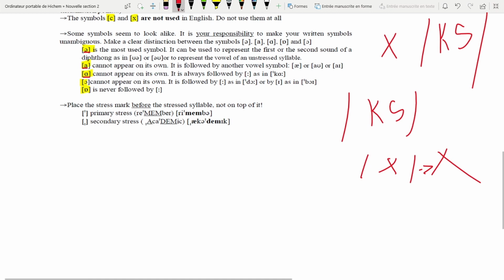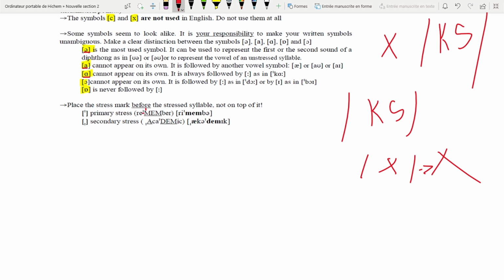Then to conclude, something that I wanted to add here, although it's not really related to transcription of the sounds, but rather of the stressed syllable. Just in case you're dealing with this right now, you need to know that you have to place a stress mark before the stressed syllable and not on top of it, because most students do this, and that is wrong.